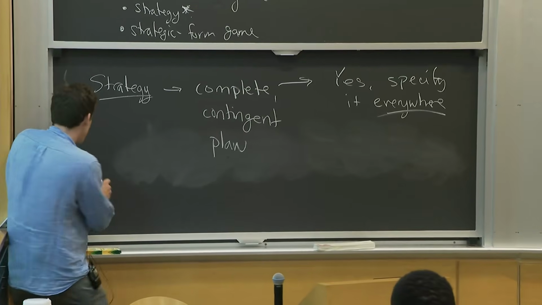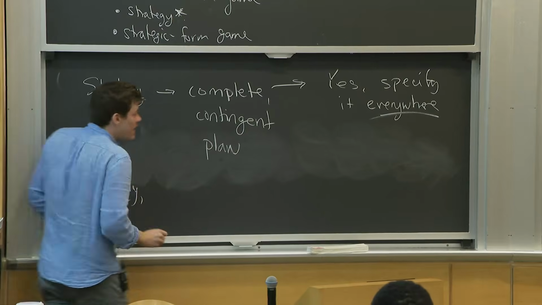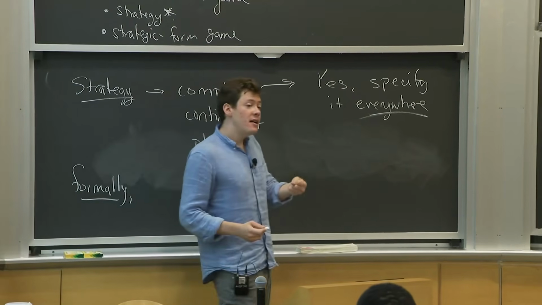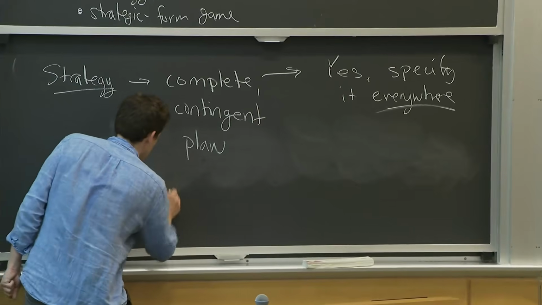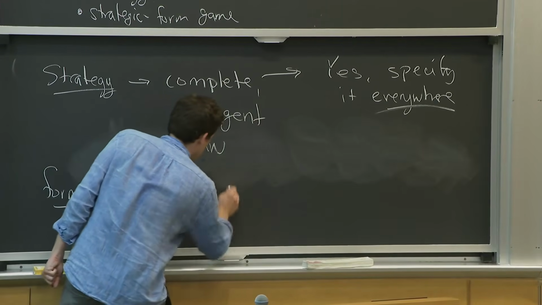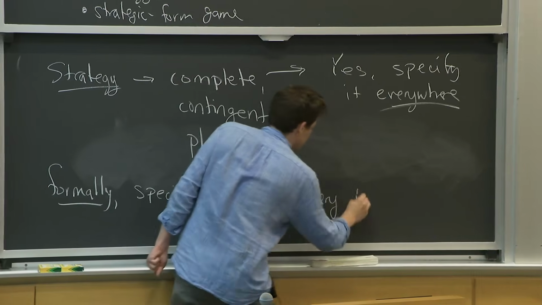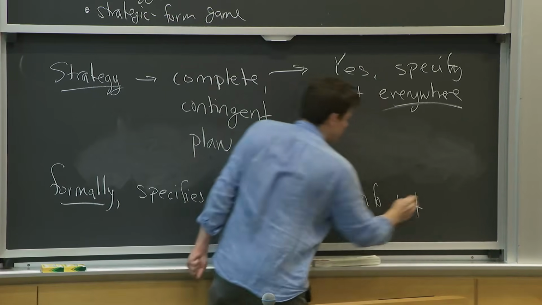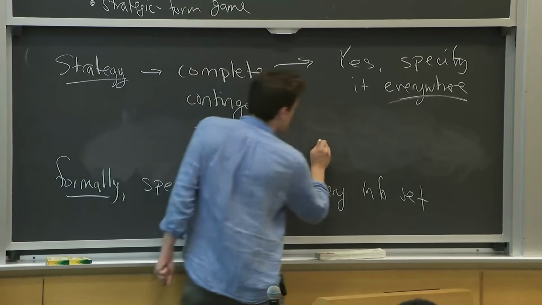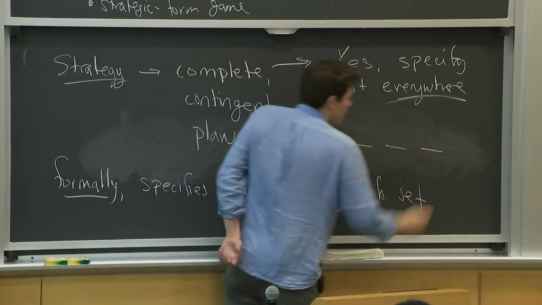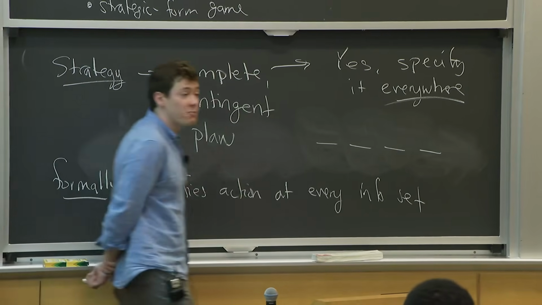What is it formally? Formally, it specifies an action at every information set. So often a good way to write a strategy is to put out some spaces for each of the information sets a player has.